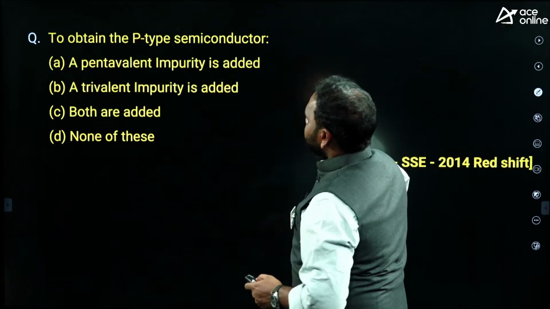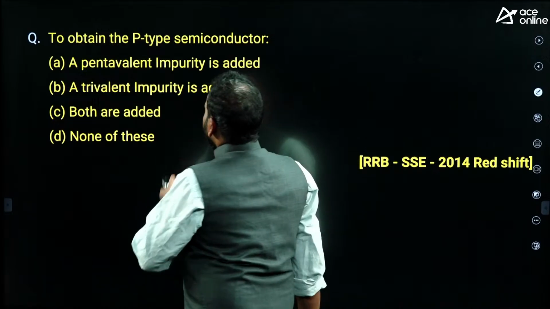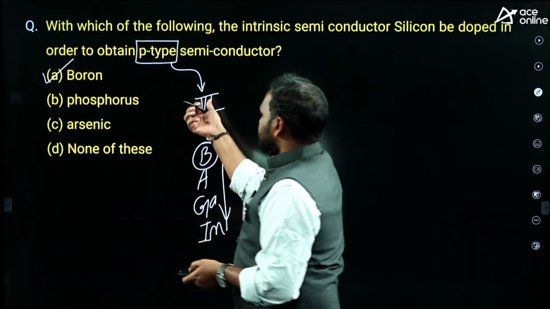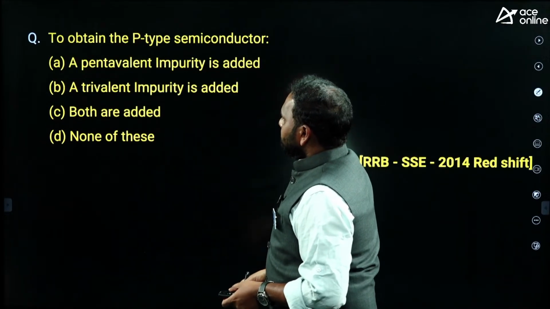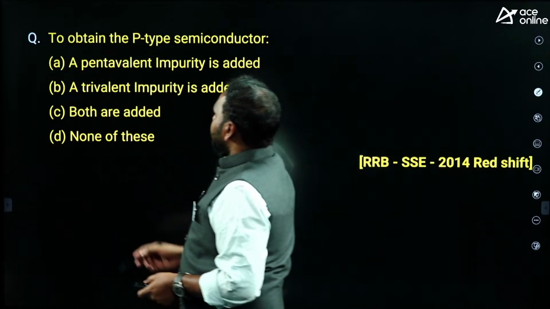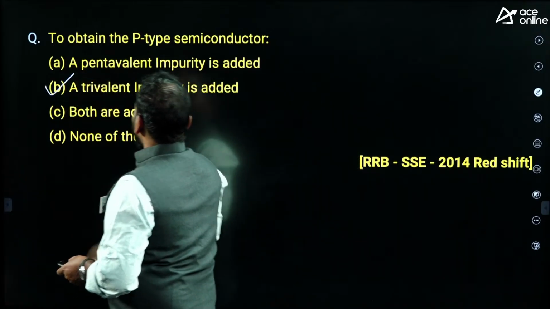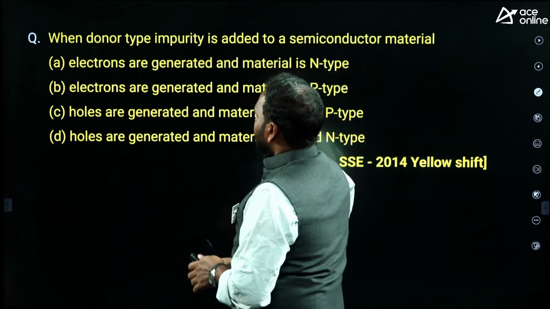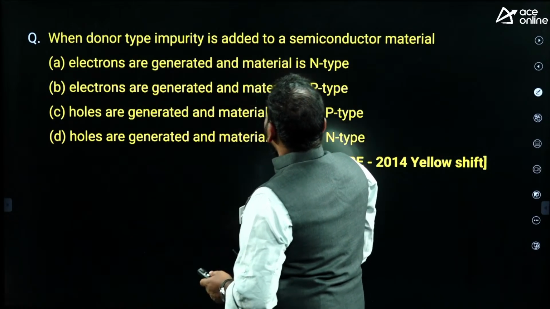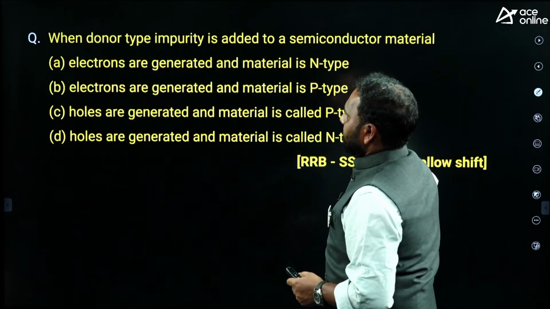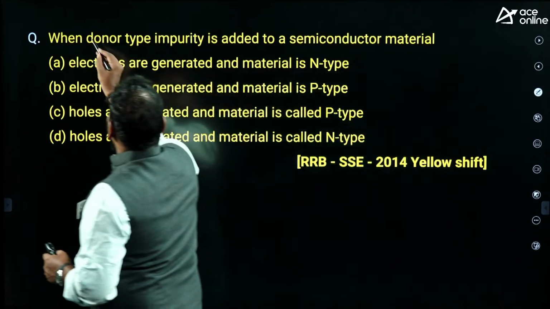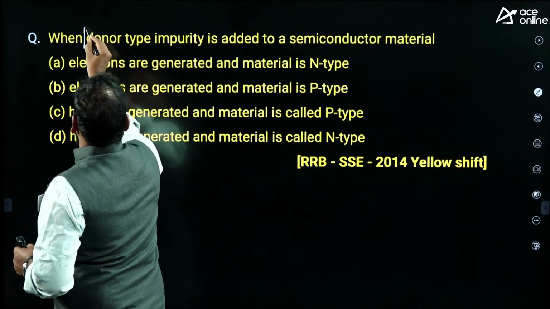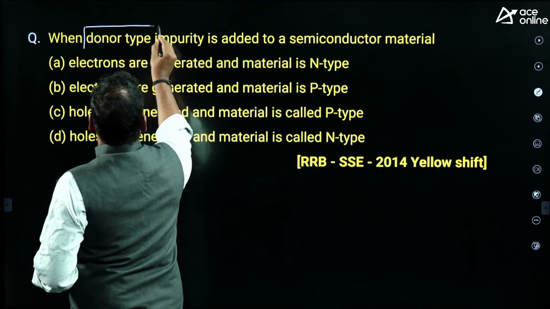Now coming to this question. To obtain the p-type semiconductor, just now we have discussed it, third group, also called trivalent impurity. Next, when donor type impurity is added to a semiconductor material. Donor type impurity, you see guys, this is a key point you need to highlight.